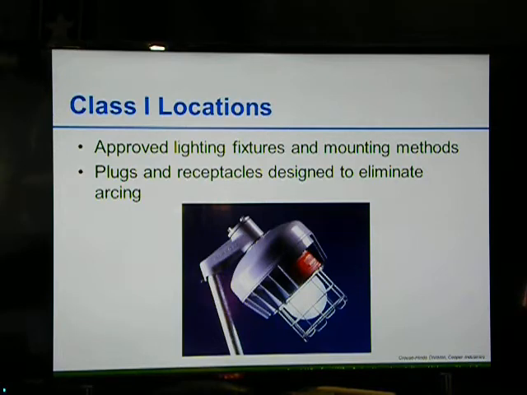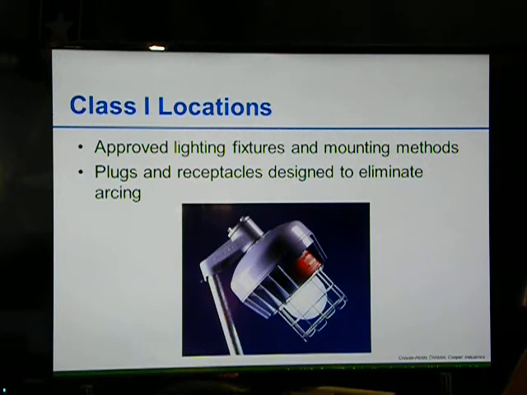So Class 1 locations: approved lighting fixtures, mounting, and methods. This is Class 1, Article 501. Class 1 locations contain requirements for wiring methods used in these areas. The requirements vary for the two divisions.